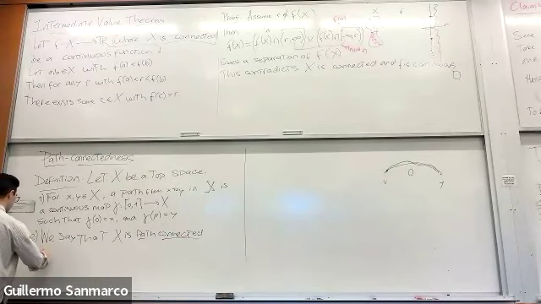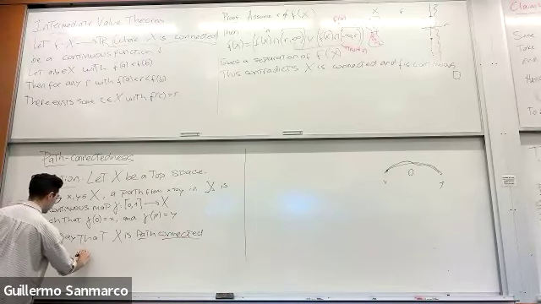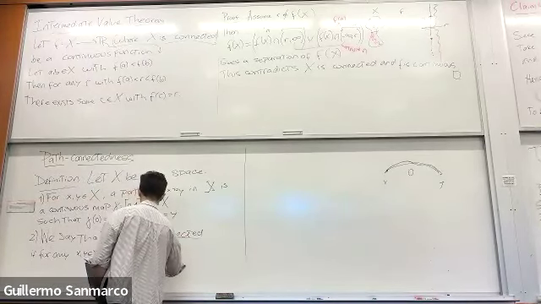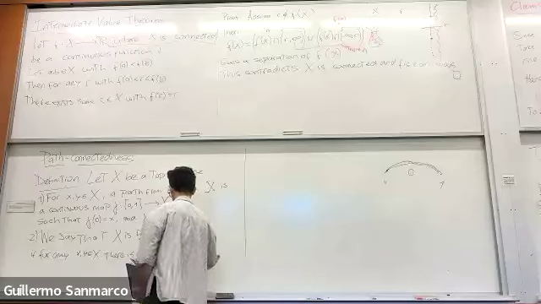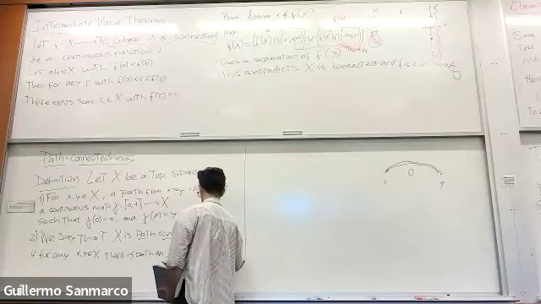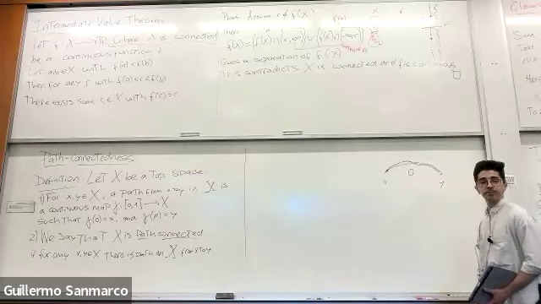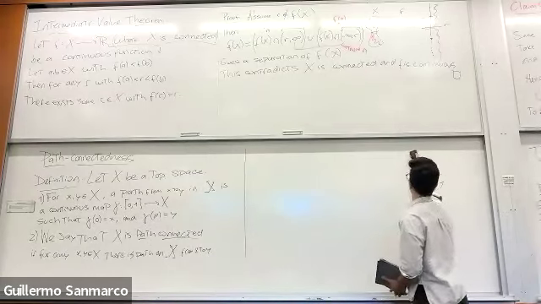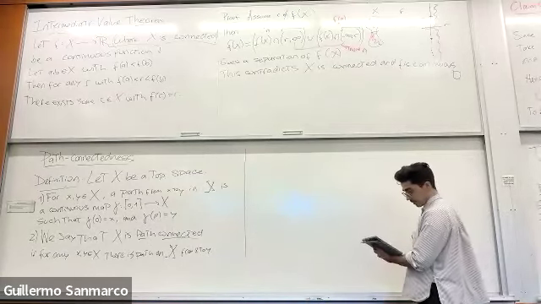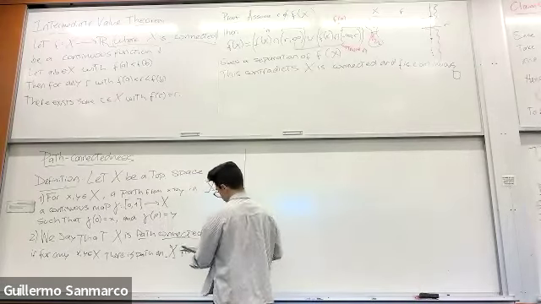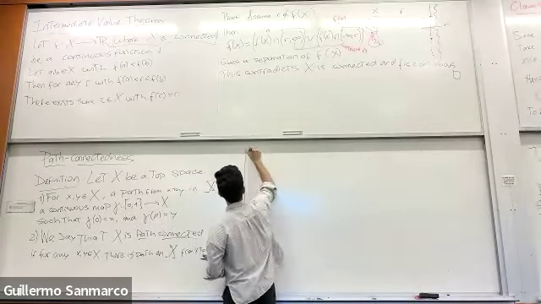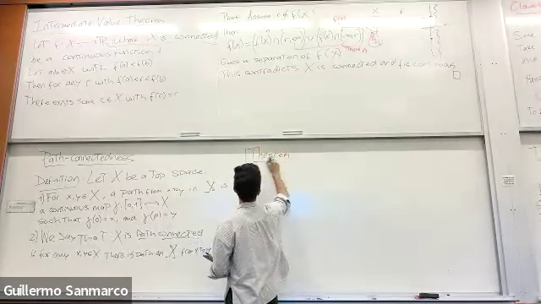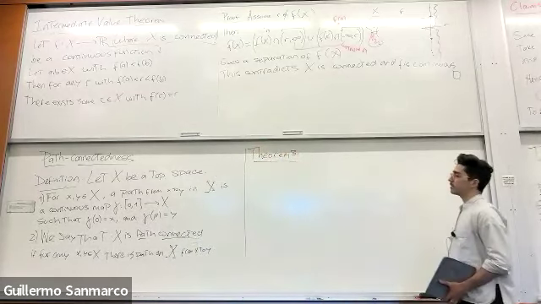If for any 2 points x, y, there is a path in the set X from x to y. So we'll see examples next time. Probably, I don't think we're going to be able to do that today, but let's finish with this theorem.